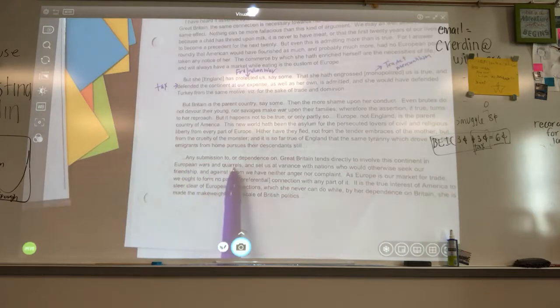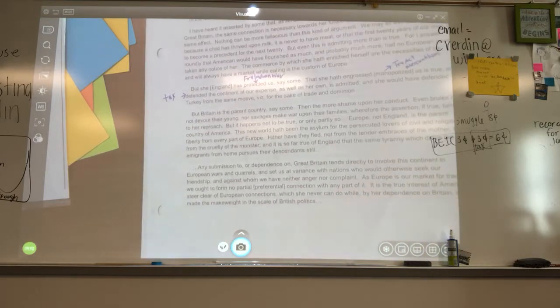"Every submission or dependence on Great Britain tends directly to involve this continent in European wars and quarrels, and sets us at variance with nations who would otherwise seek our friendship." So what quarrels and wars are they talking about? French and Indian, right? Seven Years' War. And they're saying England's taking us. Is England a good parent or a bad parent?